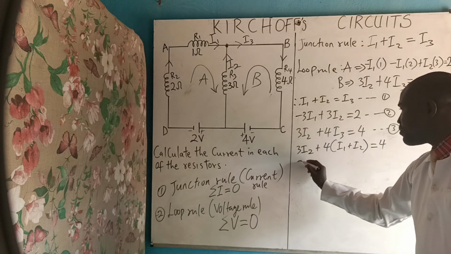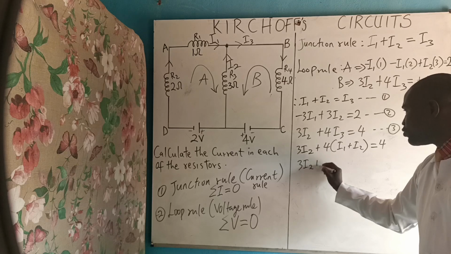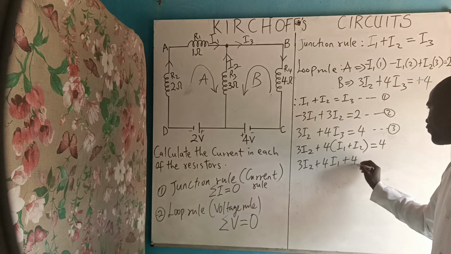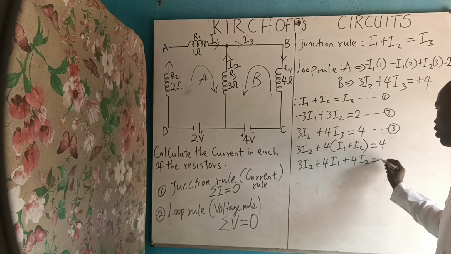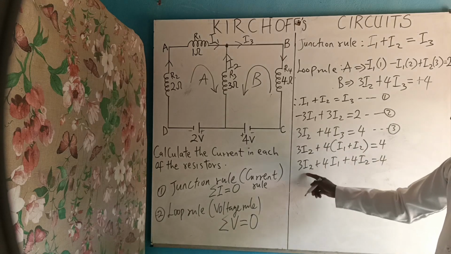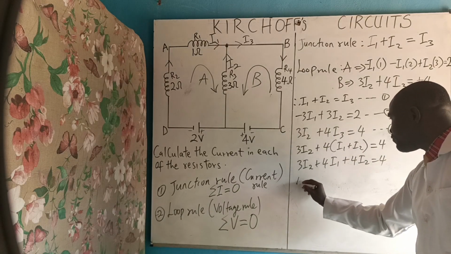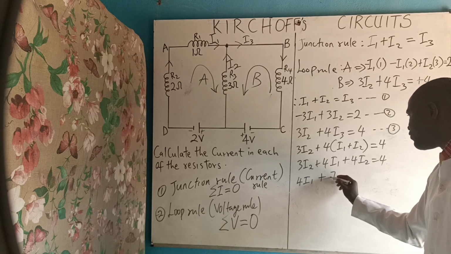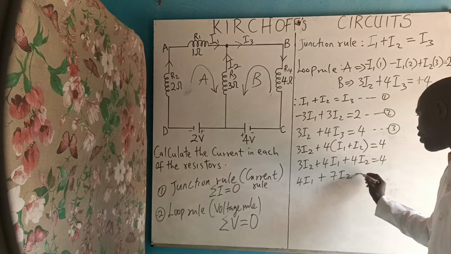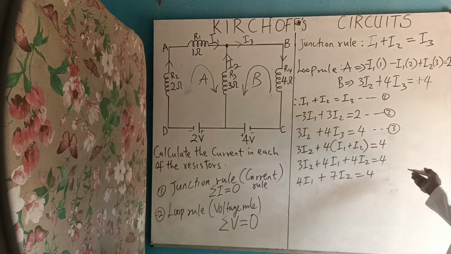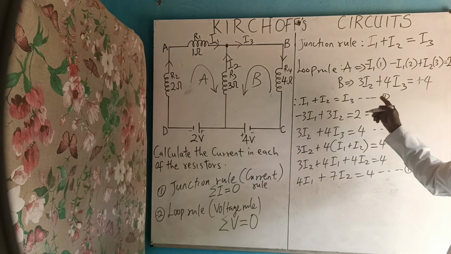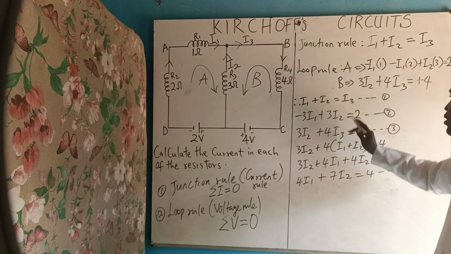So this gives me 3I2 plus 4I1 plus 4I2 equals 4. This plus this, we'll have 4I1 plus 7I2 equals 4. We hold it. We will call this another equation 1.